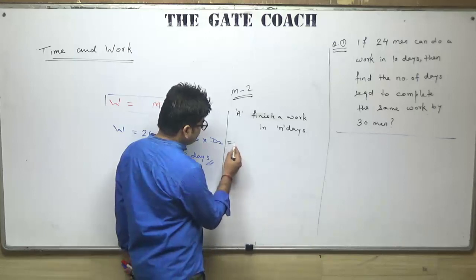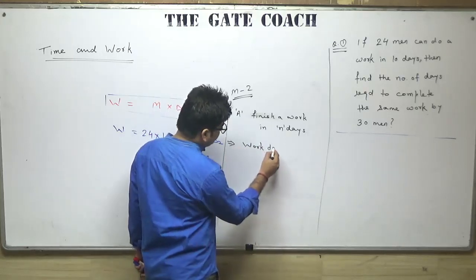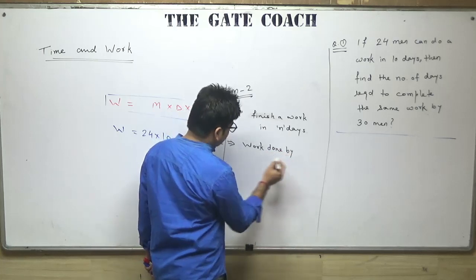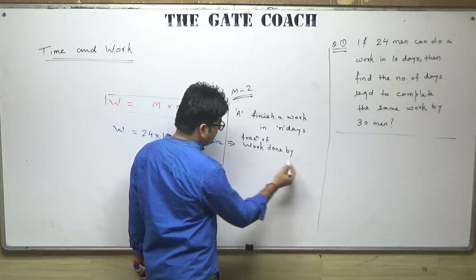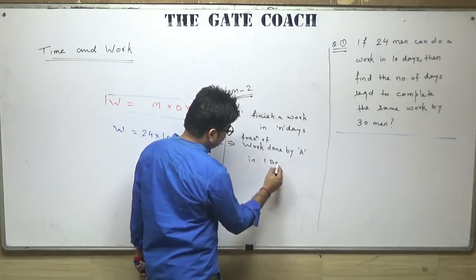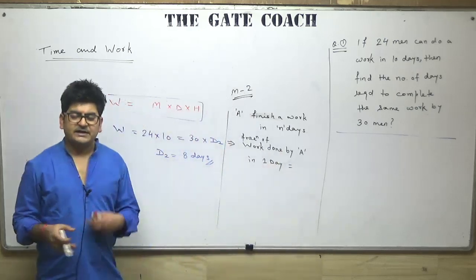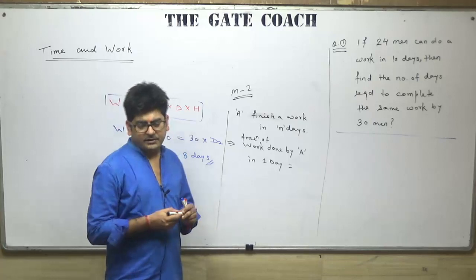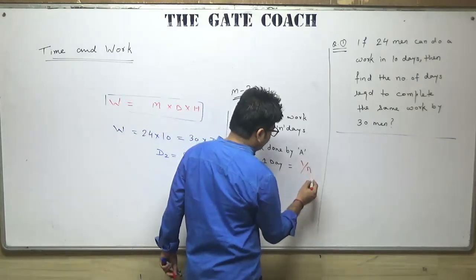Then what will be the fraction of work that is completed by Mr. A in 1 day? That will be 1 by n.